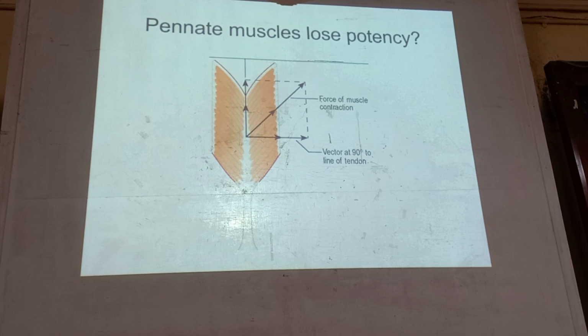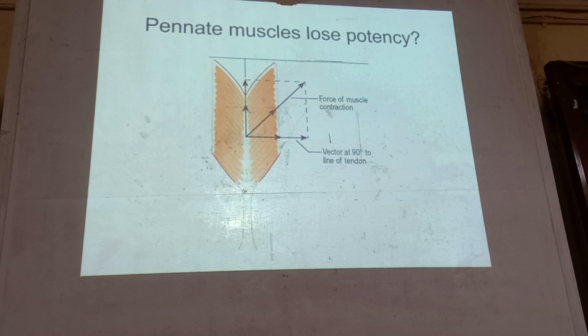Let us see how much is the loss. The angle between the vertical line and the oblique line is generally lesser than 30 degrees. Vertical line, line of tendon pull; oblique line, line of muscle fasciculi pull. The angle between the two is less than 30 degrees.